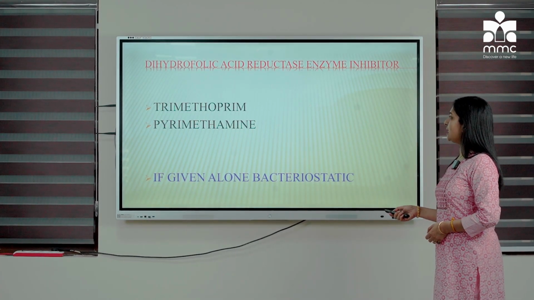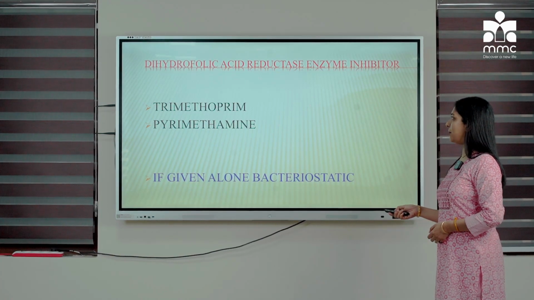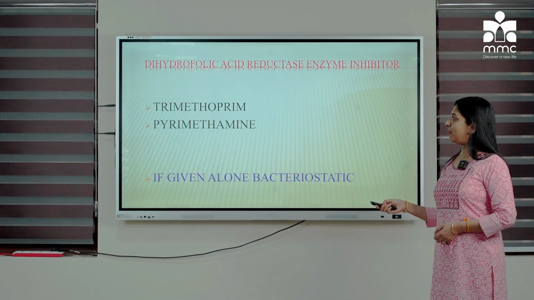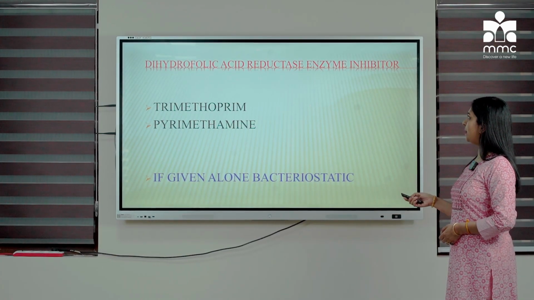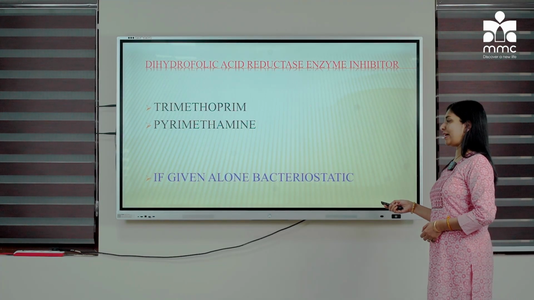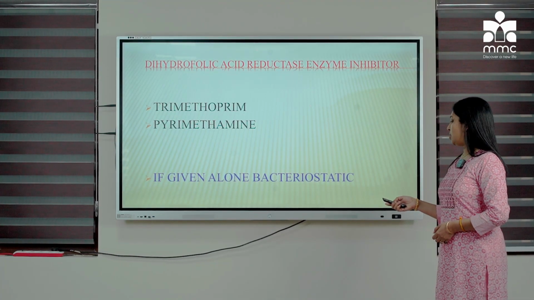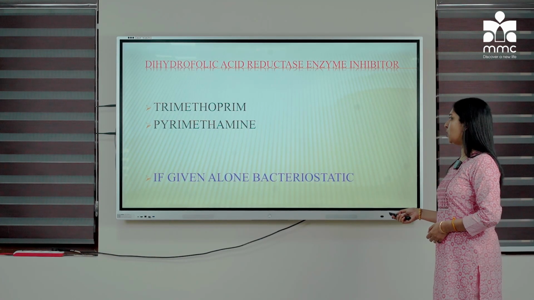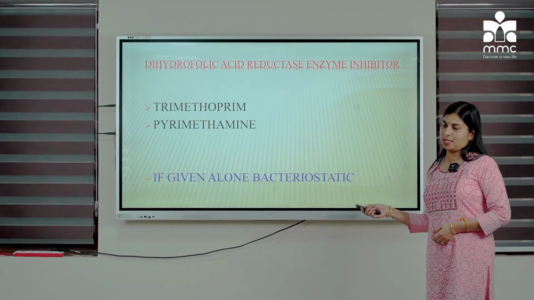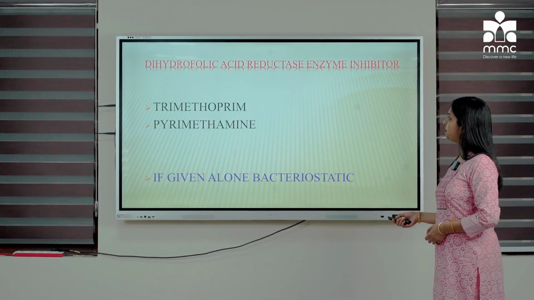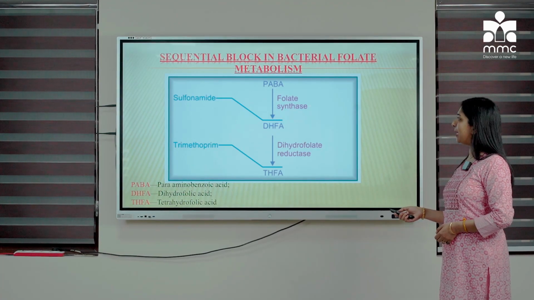These drugs are trimethoprim and pyrimethamine, which inhibit the dihydrofolic acid reductase enzyme. If given alone, again it is bacteriostatic. So what we have to do is combine both drugs.